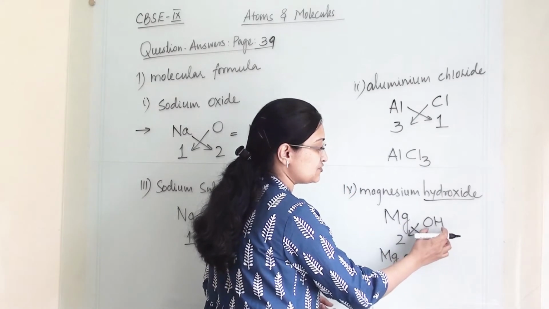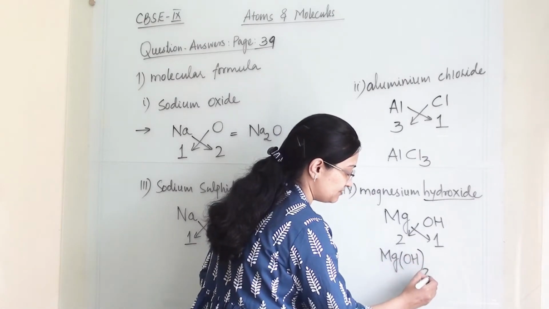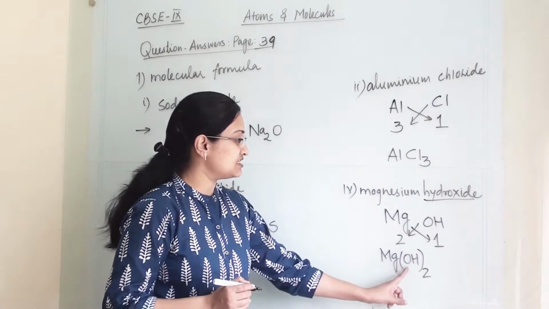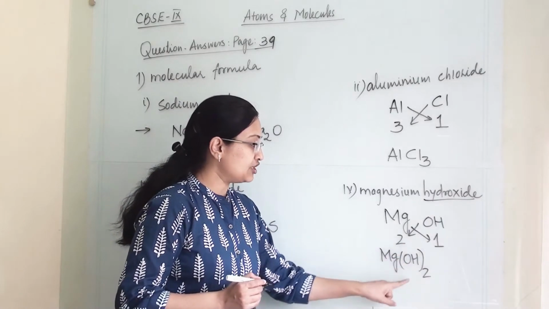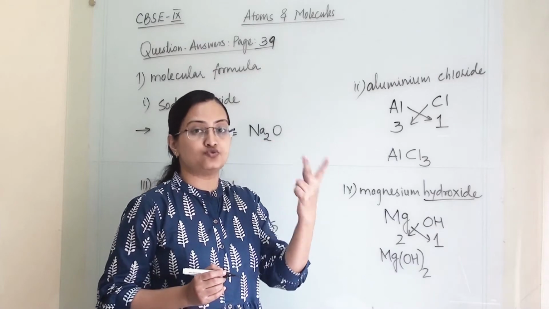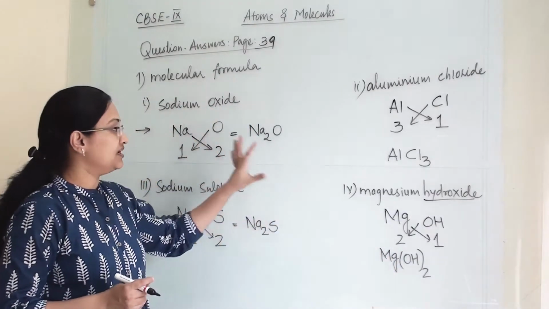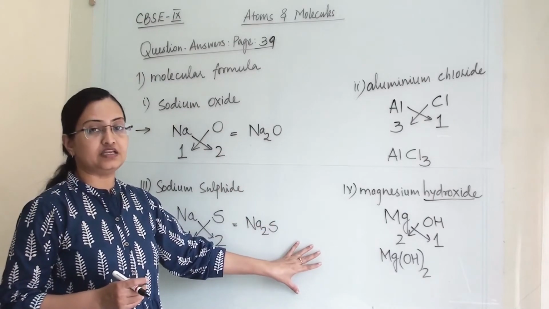But since this is a polyatomic ion, we have to make a bracket here and then write 2, because we need to show that OH as a whole is 2 in this formula. So this is how we can write the molecular formula for any compound.